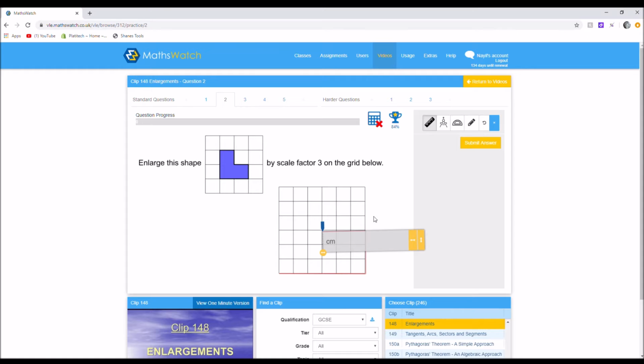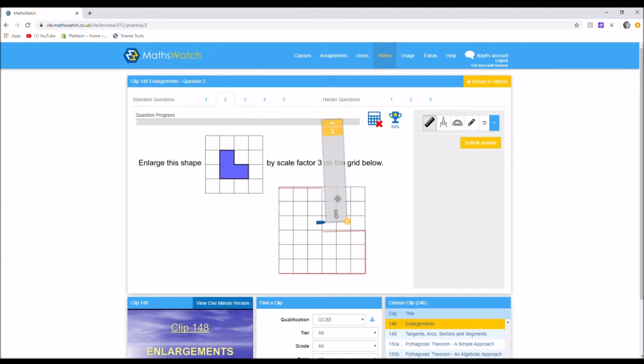Then this one is 1, so that becomes 3 as well. You want to rotate your ruler and you want to go across 3. This one's 1, you want to go across that final 3 there. Like so.